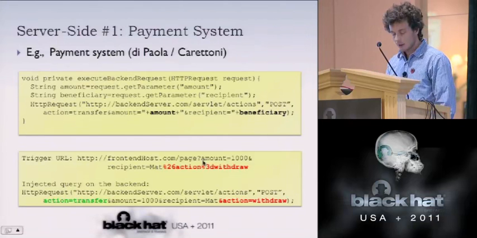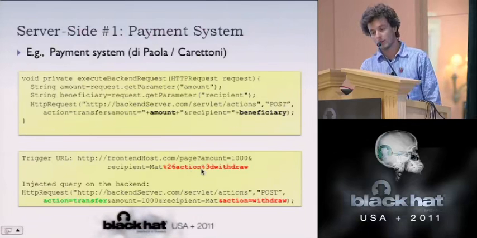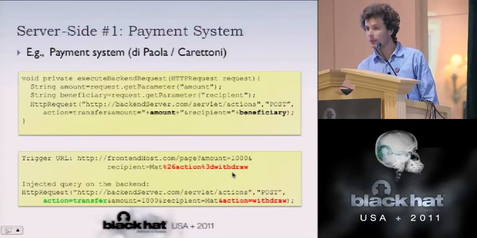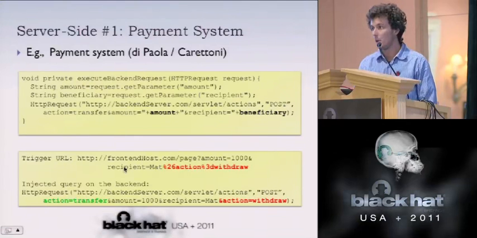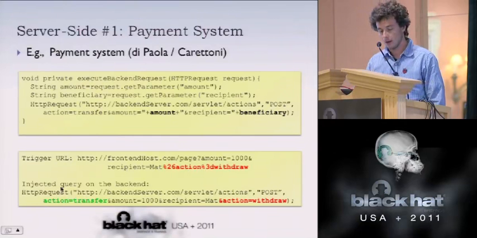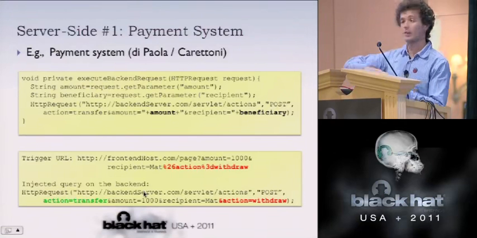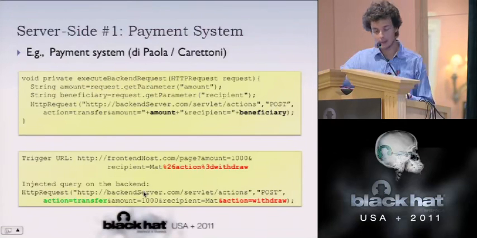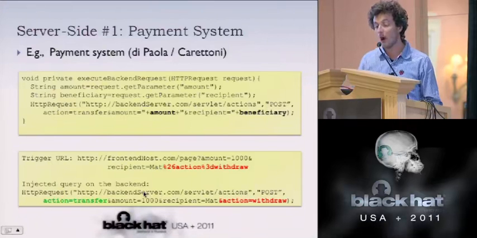Here, what an attacker can do is create a trigger URL where he injects a new action, withdraw, in the name of the recipient. What happens on the front end is that the query generated for the backend gets injected with this new action.